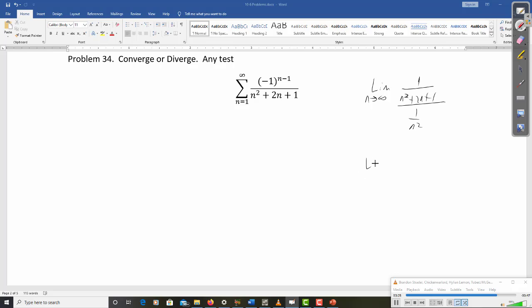You multiply up the n squared, and take the limit as n goes to infinity of n squared over n squared plus 2n plus 1. So this would go to 1 either by L'Hopital's rule, or you could divide top and bottom by n squared. Either way, you'll get the same result. So this is going to converge absolutely by limit comparison test.